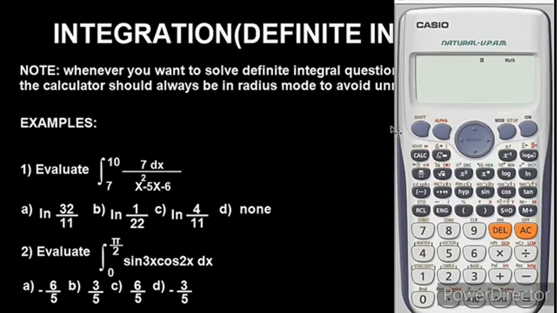As you can see, the calculator is in degree. To change it from degree to reduce mode, you simply press Shift, this mode button, and go for category 4. This stands for reduce, so it's now in reduce mode.